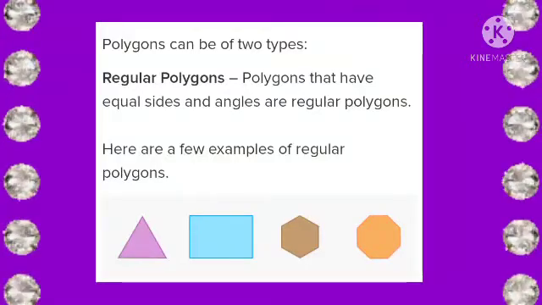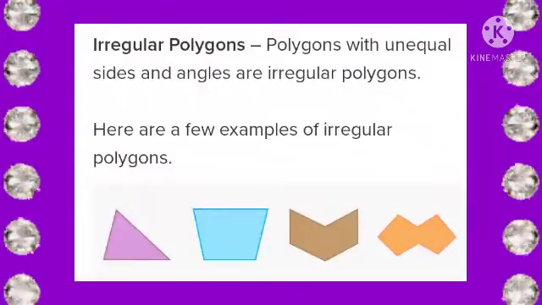Here are a few examples of regular polygons: triangle, rectangle, hexagon, octagon. Irregular polygons are polygons with unequal sides and angles. Here are a few examples of irregular polygons.